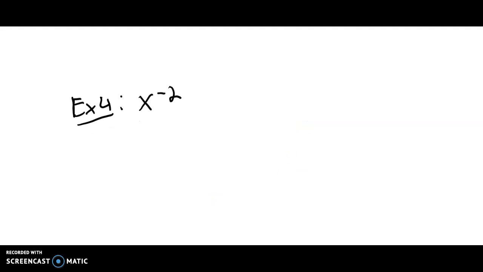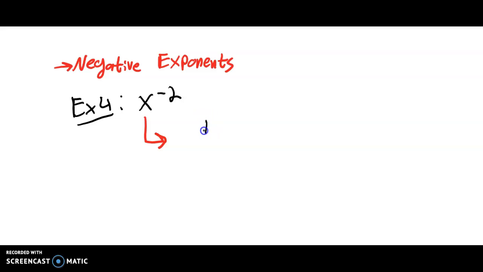Okay, so now we're going to look at negative exponents. Negative exponents flip whether the main term is in the numerator or in the denominator. So in this case, x starts out normal, starts in a numerator, but the negative exponent is going to cause it to go to the denominator.